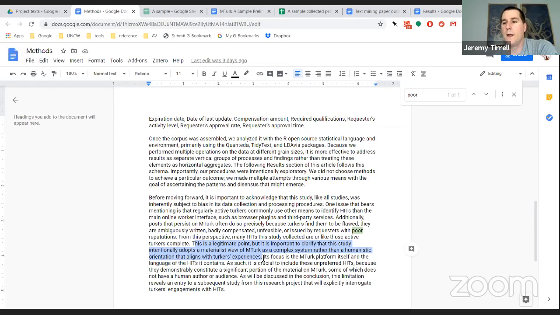So what we're doing is not going through how does a Turker actually see this. It's really not our goal. Our goal is what is on the platform. And so from that perspective, all these quote unquote badly written jobs are a significant fraction of what is on the platform. Right.